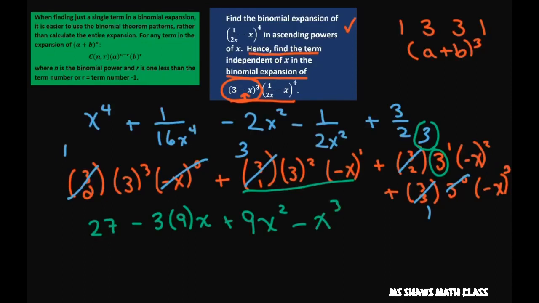All right, now we have to multiply these two together and find the independent term. And so let's try that.